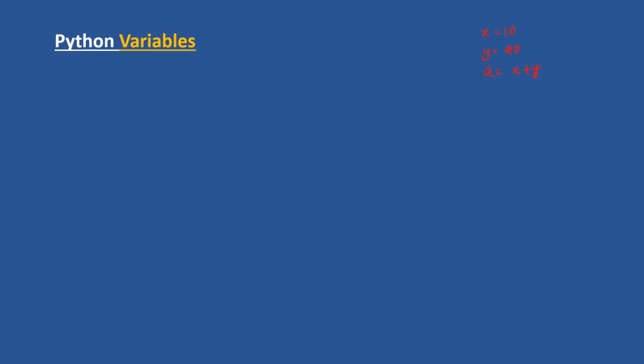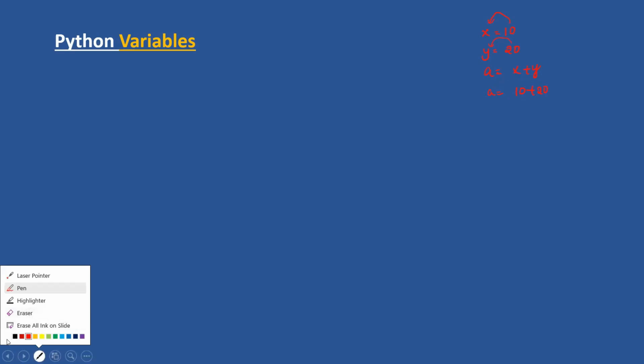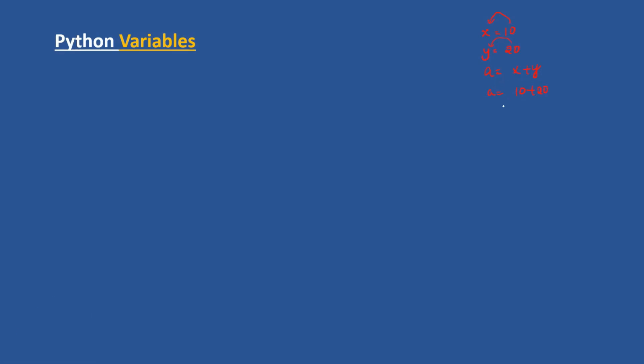Here, we are giving the value 10 to the variable x and 20 to the variable y. Now, x plus y means 10 plus 20, and that value will be assigned to the variable a. What's the value? 10 plus 20, 30 will be assigned to the variable a.